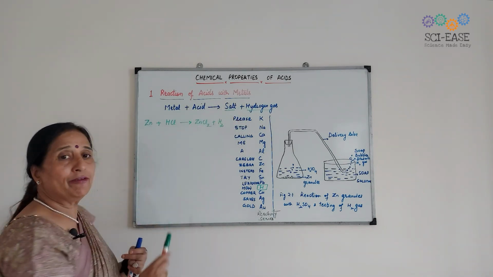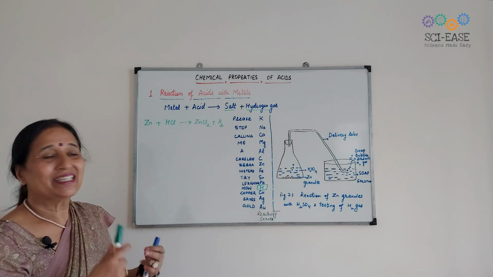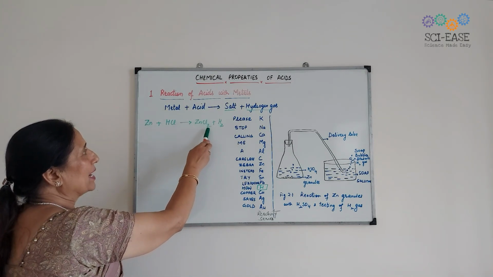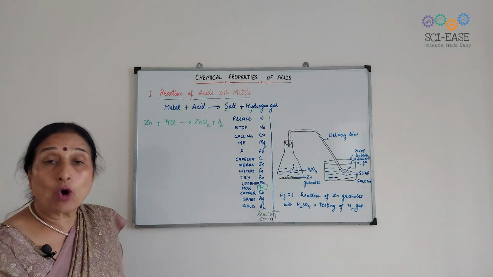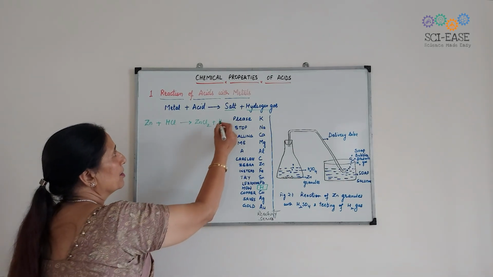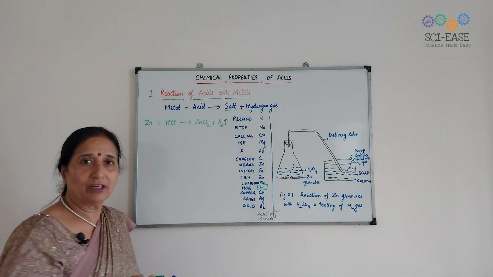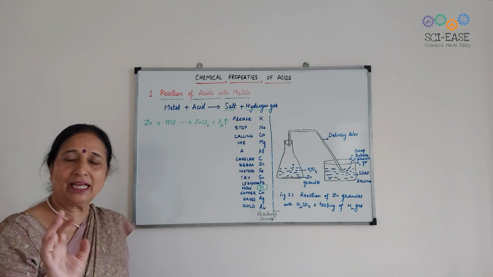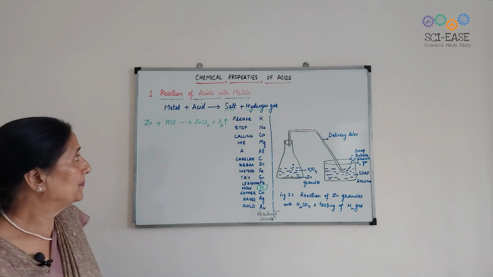Which salt will be formed? Chloride, that is zinc chloride, will be formed plus hydrogen. Because hydrogen is a gas, we put an arrow pointing upward. This we have done in the first chapter, Chemical Reactions.